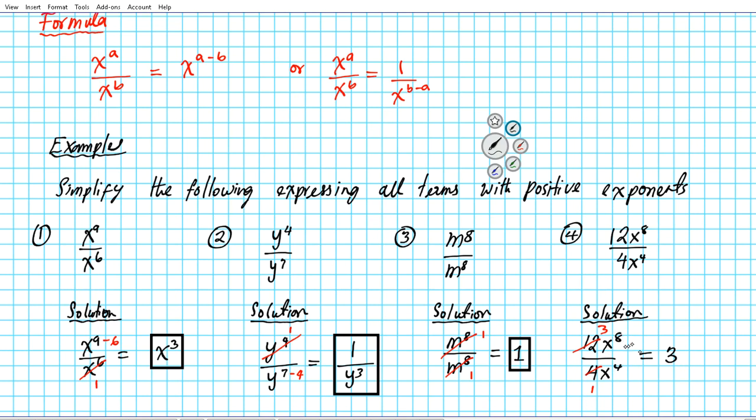The numerator is clearly more powerful, so the denominator gets taken out completely. That's 1, and subtract its power from the numerator's power. And then you have 3x raised to the 8 minus 4, which is 4. So 3x to the 4th power is the final answer to question number 4.